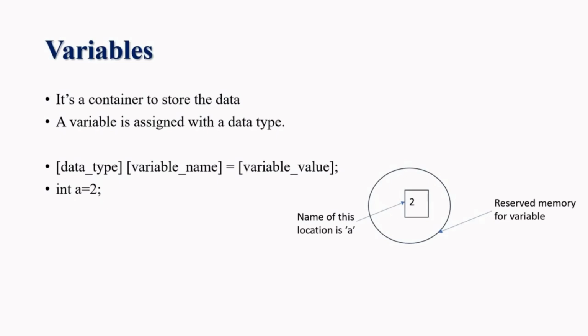For example, int a = 2. Here int is the data type, a is the variable name and 2 is the stored value in variable a. This variable a is in the form of an integer. And this 2 will be stored in a certain memory.